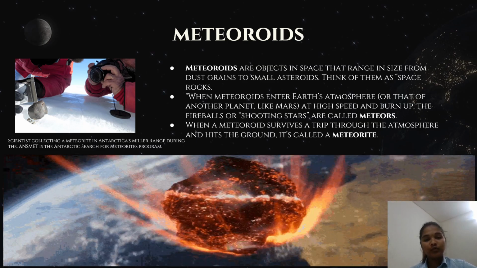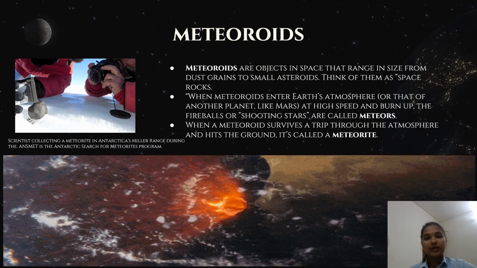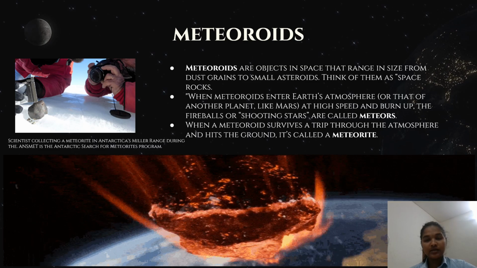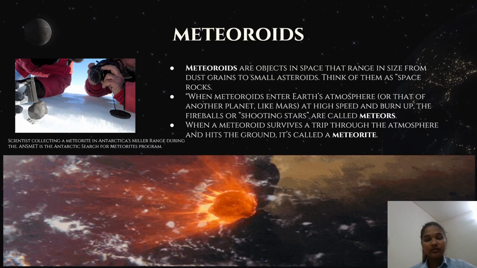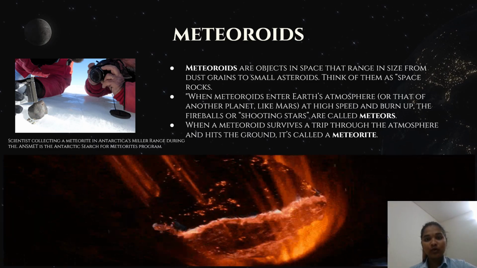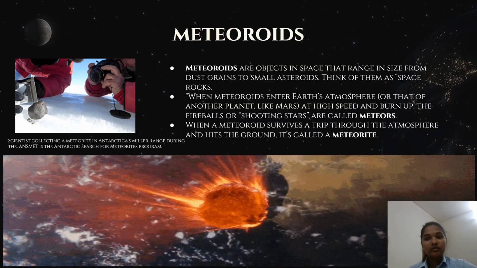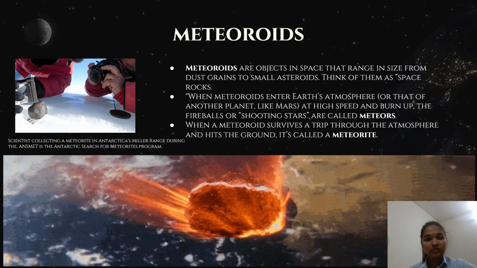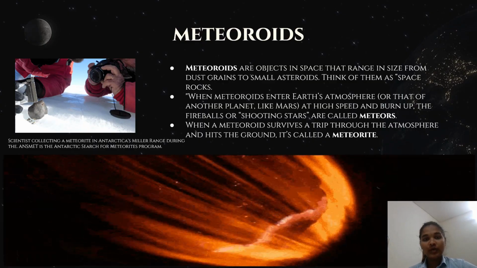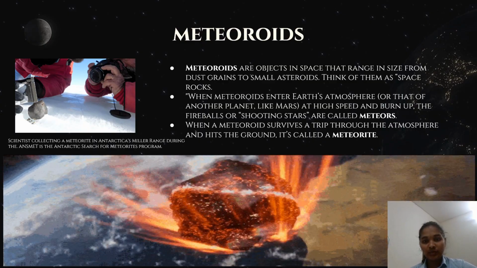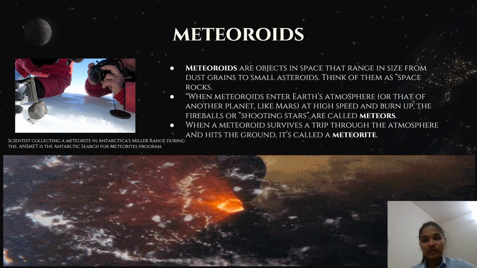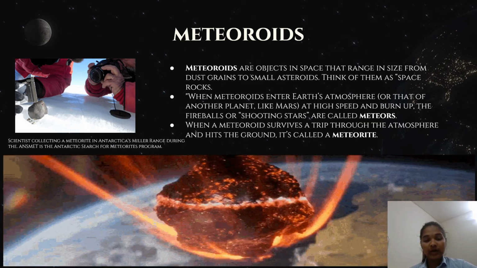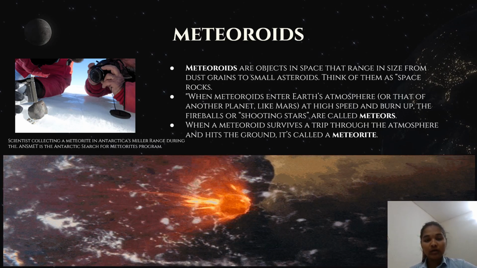Then we will further move towards the meteoroids. Meteoroids are the objects in space that range in size from a dust grain to a small asteroid, known as space rocks. When meteoroids enter Earth's atmosphere at high speed, they burn up.